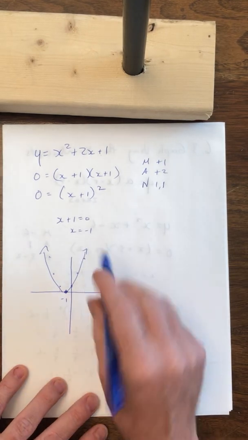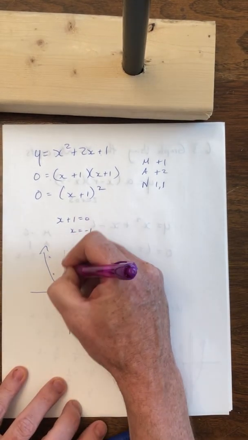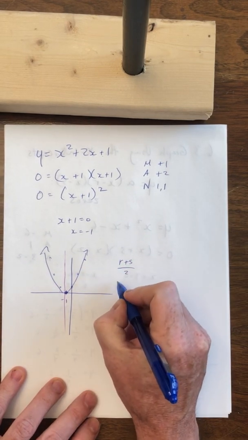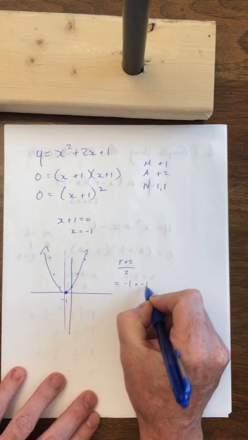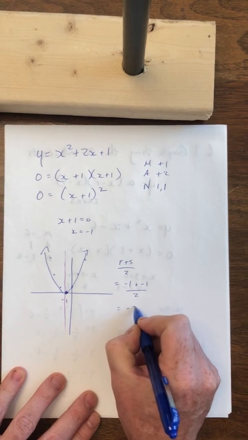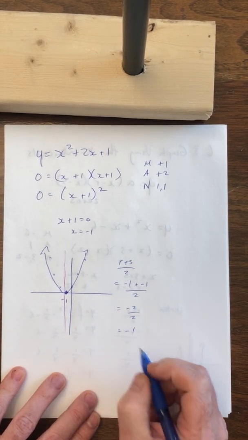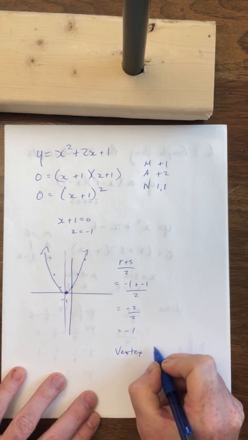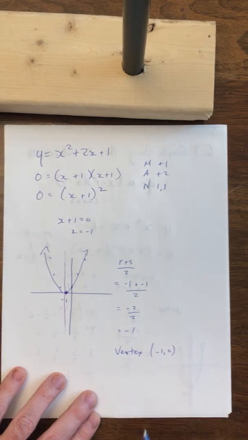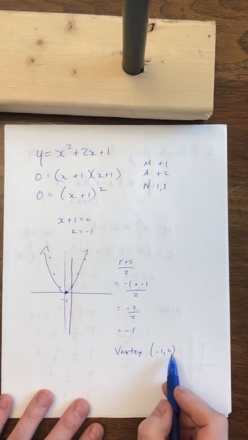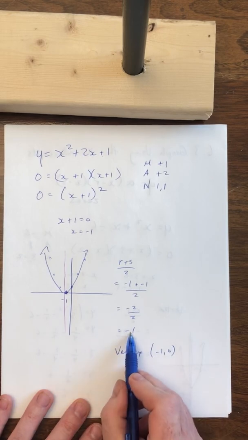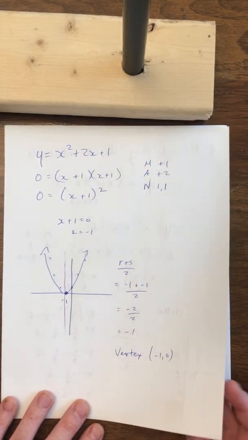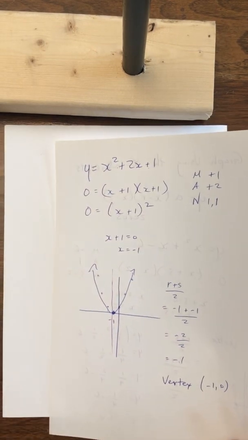To actually do the math, to find the vertex here, if we have to, we can do our r plus s divided by 2, -1 plus -1 divided by 2 equals -2 over 2, which equals -1. Therefore, our vertex is at -1, 0. And how did I get to 0? If we sub -1 back into our equation, we'll get 0. So we can do the math just like on a previous question.